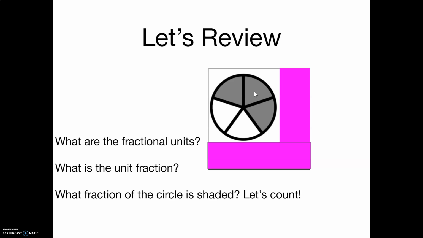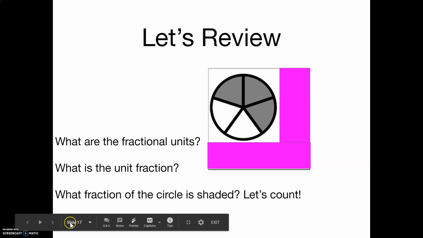So since we have 5 pieces, these would be fifths. Very nice. What would the unit fraction be? What would one of these pieces represent? Just one. How can we represent one of these pieces? Did you say 1/5? If you said 1/5, you are correct.